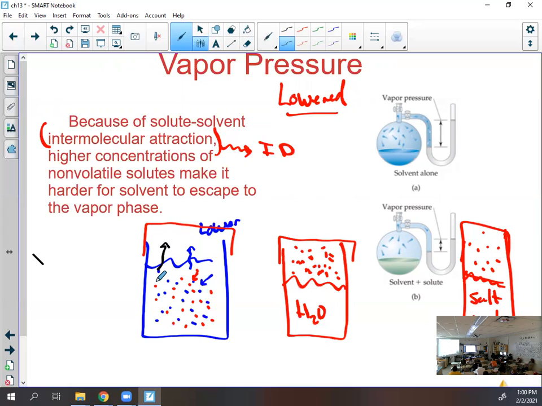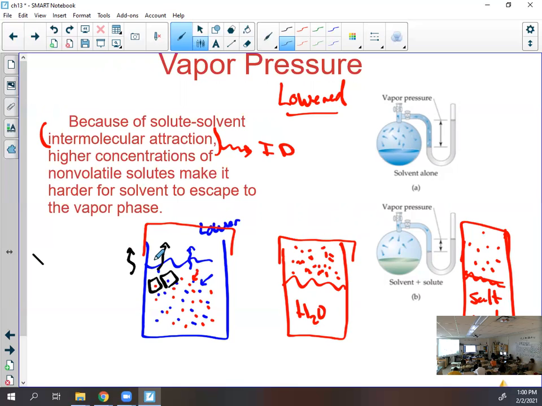But if there's some attraction now between this particle and this particle, then it's less likely to leave because there's a force of attraction holding it in the liquid. Doesn't that slow the particles down when there is attraction? It doesn't necessarily slow them down because it doesn't directly change the temperature, but it means if I add energy or take away energy, there will be an effect.